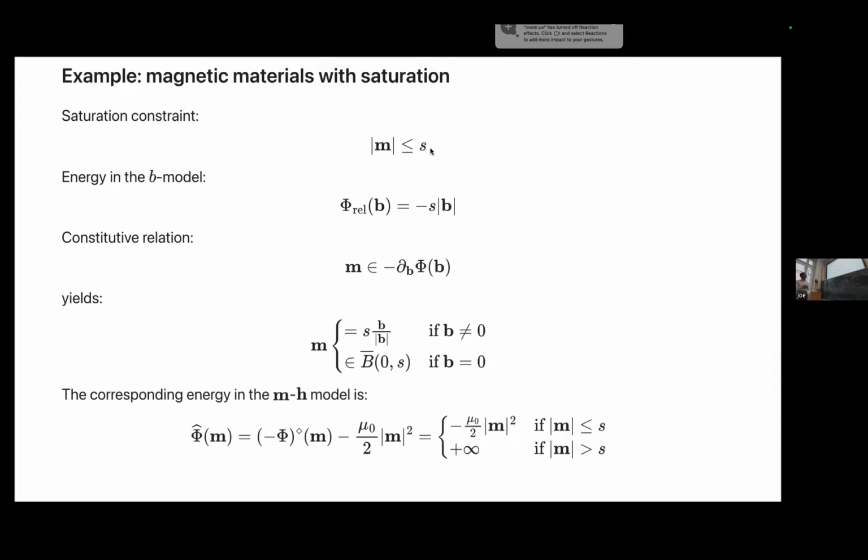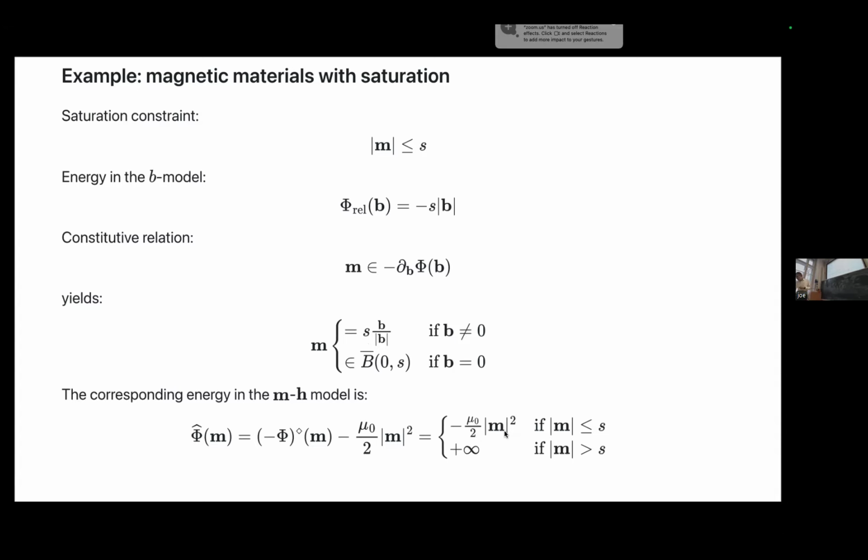If the B field is 0, you don't know much about the magnetization. What you know is that it has to be in the closed ball with radius the saturation magnetization. And this is in fact the subdifferential of the norm.